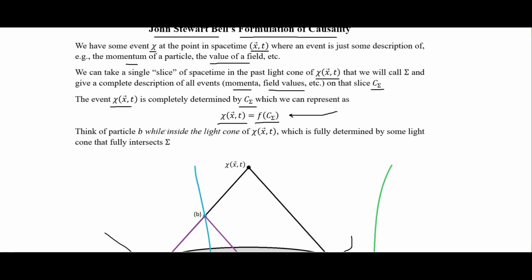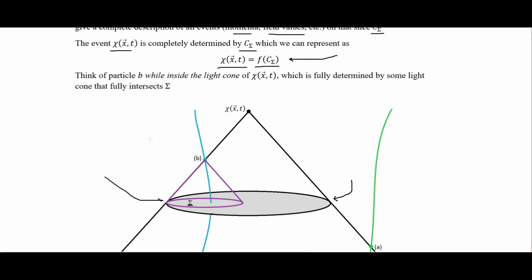point in space-time. So we can think of this particle B here, while inside the light cone, as also fully determined by some light cone that fully intersects this sigma here. So if we look at the past light cone of B here, it's fully intersecting this past light cone while B is inside the light cone here.